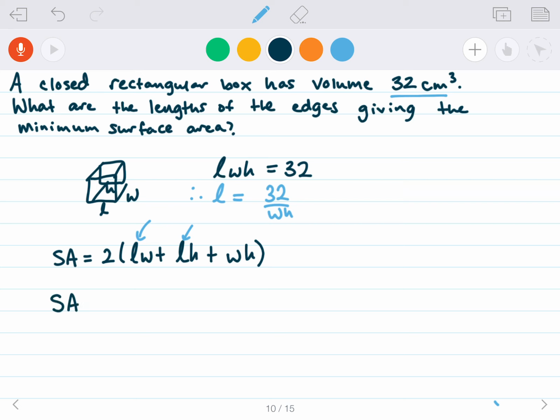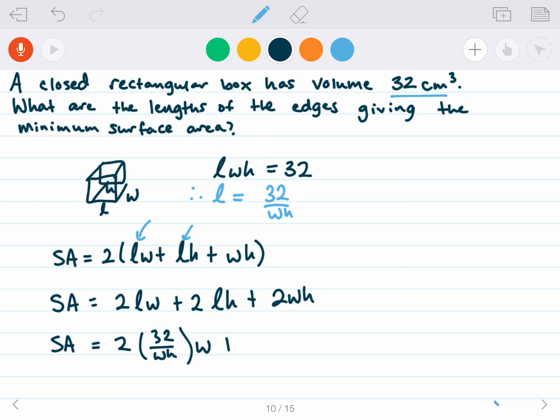First, if I distribute the 2, I get 2 length width plus 2 length height plus 2 width height. Now I'm going to do my substitution. So the surface area is 2 times 32 over width height times width plus 2 times 32 over width height times height plus 2 width height.